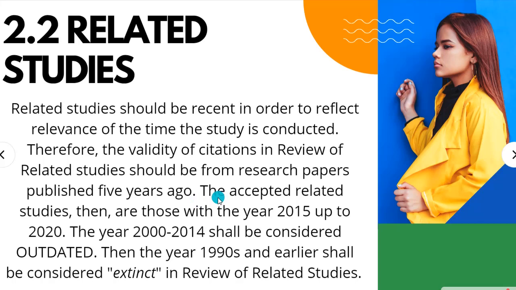So, the accepted related studies are those from the year 2015 up to now, 2020. The year 2000 to 2014 shall be considered outdated. Then the 1990s and earlier shall be considered extinct. Grabe, dinosaur version. Extinct in the review of related studies.